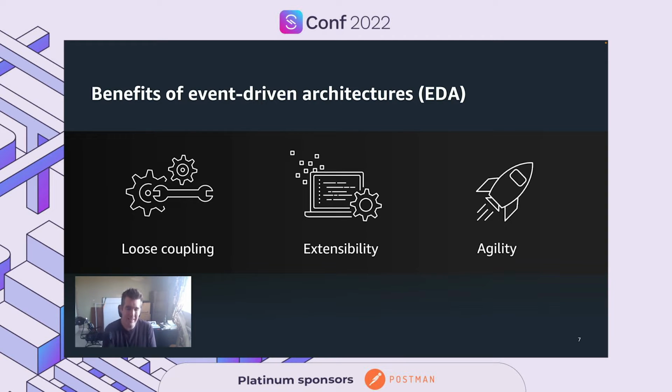Then you start seeing agility arise: we need to do X when Y happens. Well, if we are already publishing Y, then we can just do the X, because there's no work that needs to be done there. As you add events and design your architecture in this way, you see this agility emerge.